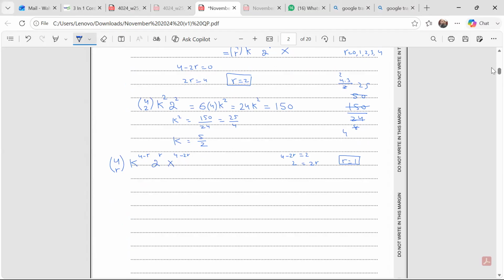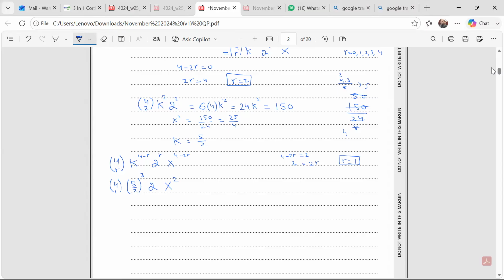So 4 combination 1, and we found that k value is 5 by 2. So 5 by 2 has power 4 minus r, so 4 minus 1, it is 3. And 2 to the power r, which is 1, I will leave it as 1. And then x power 4 minus 2r. Remember, r is 1, so 4 minus 2 is 2.